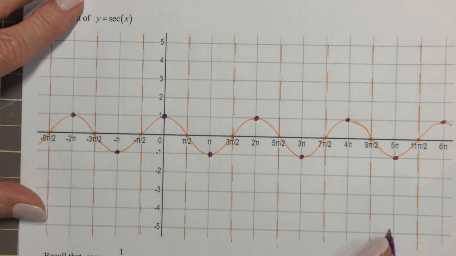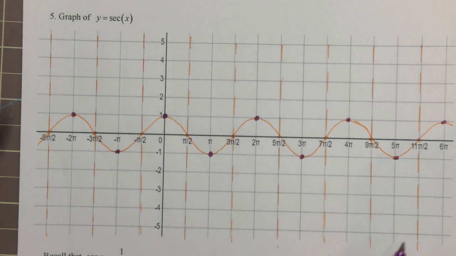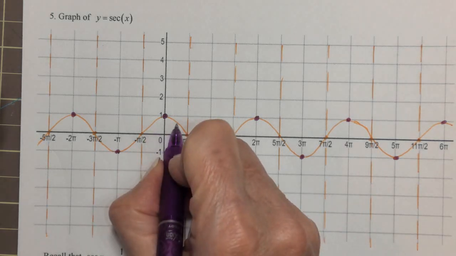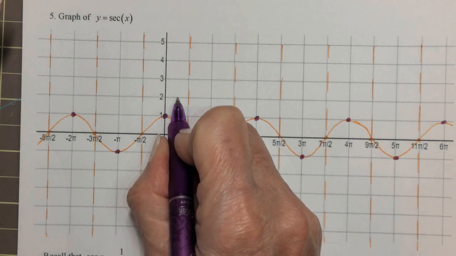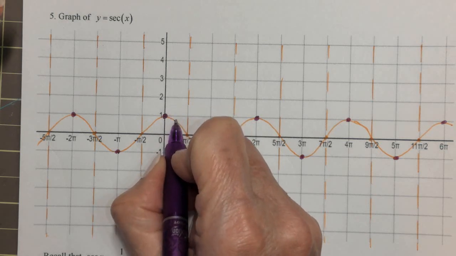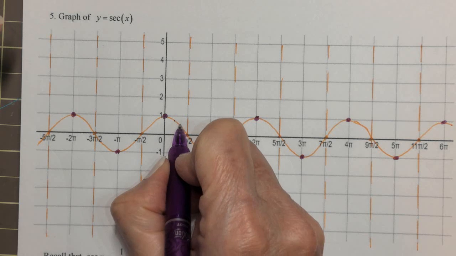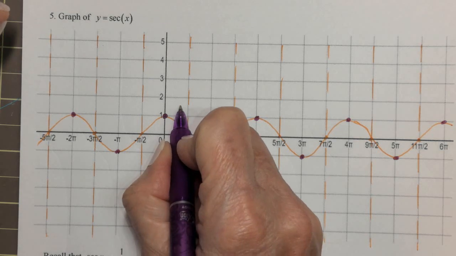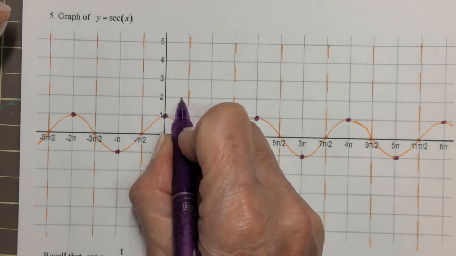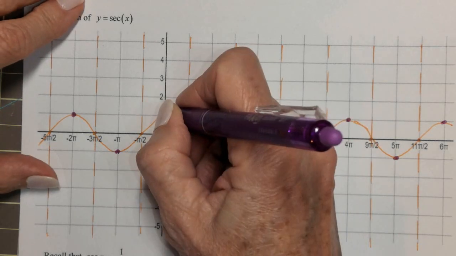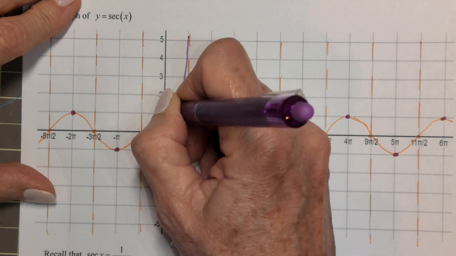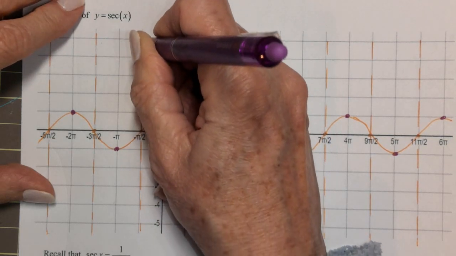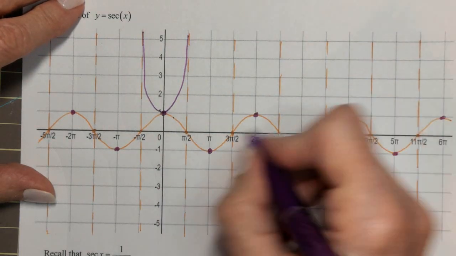Okay, now secant is the reciprocal. So wherever cosine is a half, secant will be 2, right? The graph is going to look like this. It's these U's.